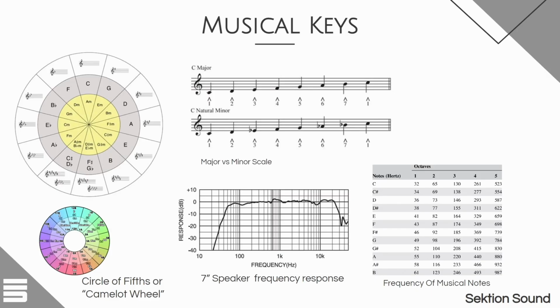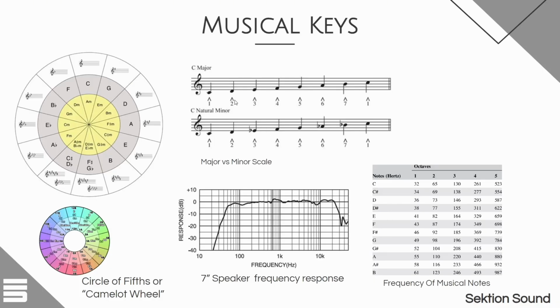So when we're talking about musical keys, we have 12 possible notes to choose from, but generally in a scale, we have 7 of those notes. But which 7 notes we choose out of the possible 12 give you the mood of your song, and that's what's referred to as a key.